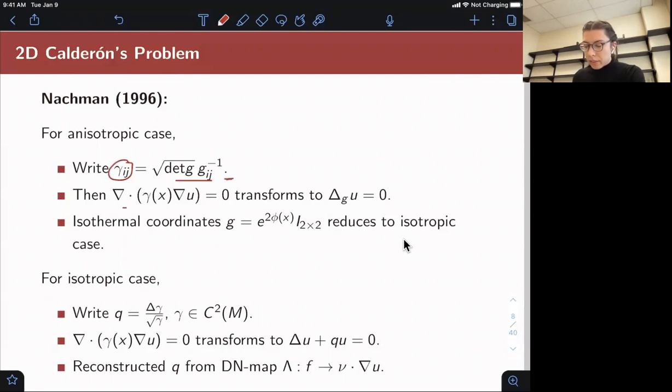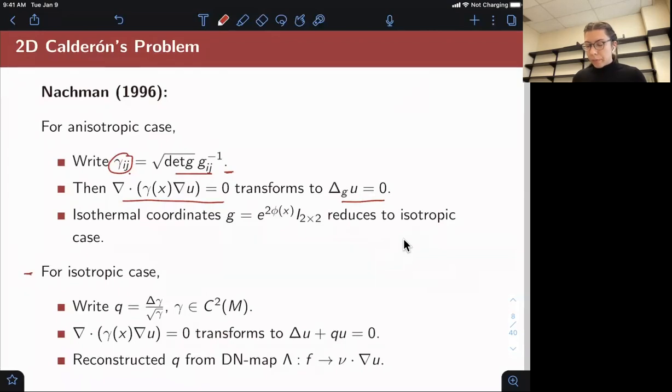Then looking at this conductivity problem, Calderón's problem, in fact, this transforms into just looking at harmonic functions on the manifold. And if you then introduce isothermal coordinates on this 2-dimensional manifold, you can reduce to the isotropic case of Calderón's problem, which just means instead of having a metric defined conductivity, now I have a function.